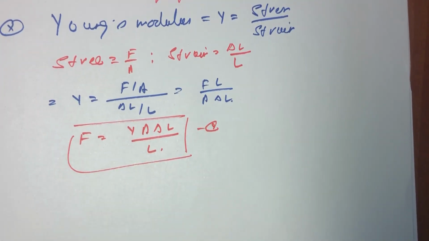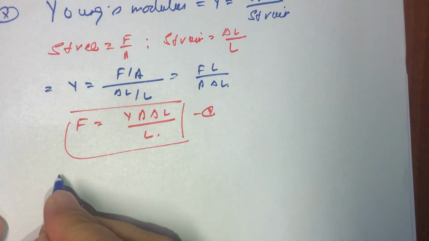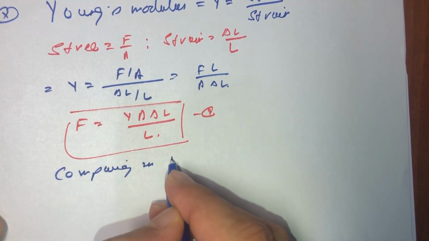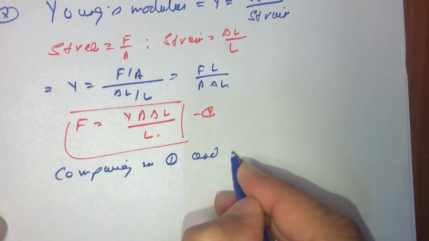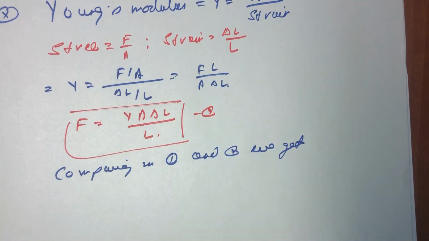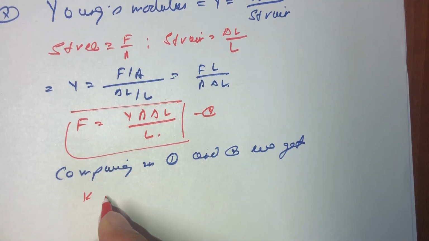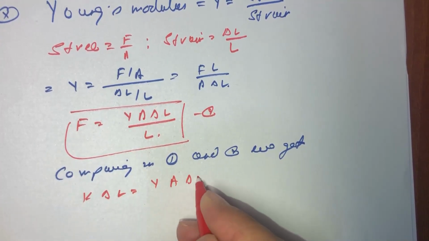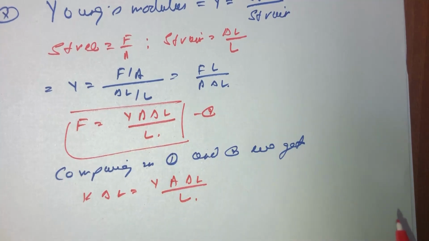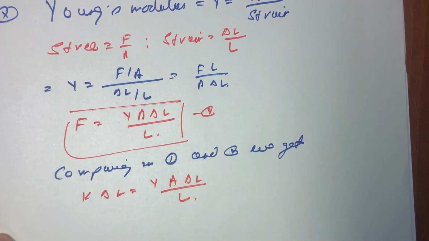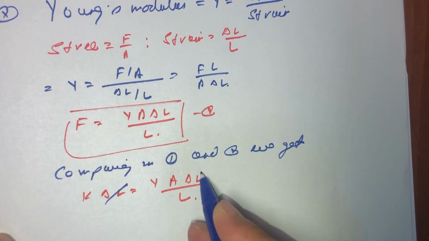Comparing equations 1 and 2, we get K delta L is equal to Y A delta L upon L, and delta L cancels out.